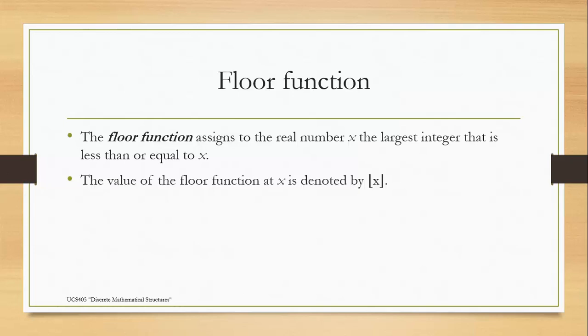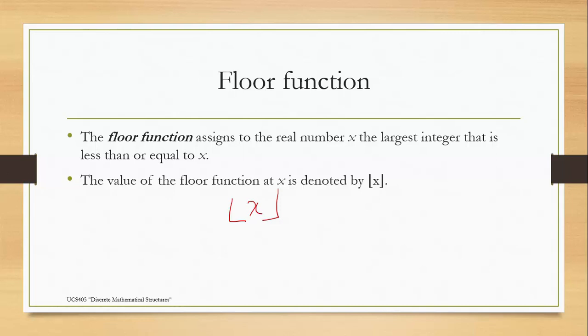Next, the floor function. The floor function assigns to the real number x the largest integer that is less than or equal to x. The floor symbol is like this. If you want to calculate the floor value of x, it is denoted by this.